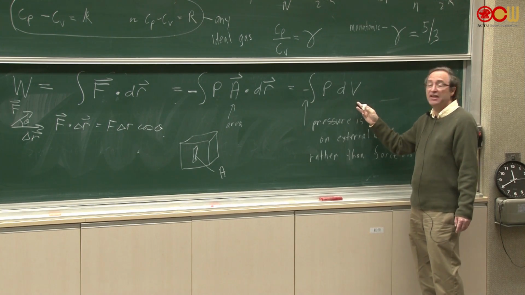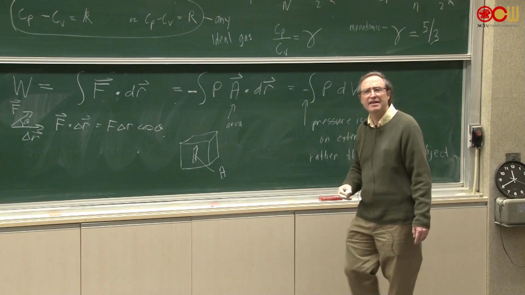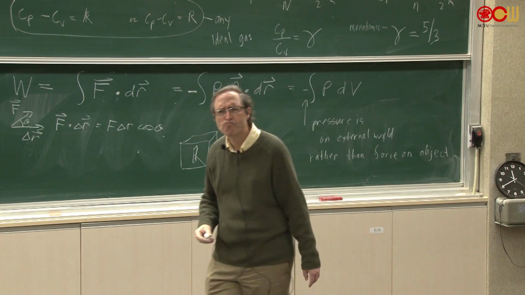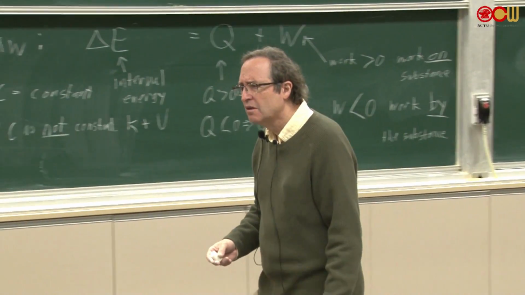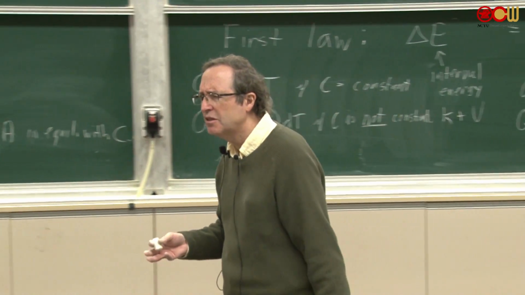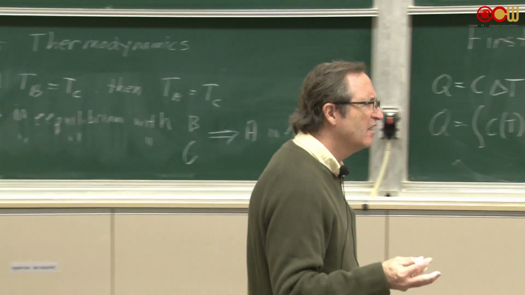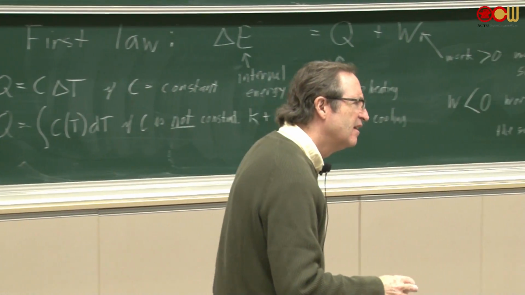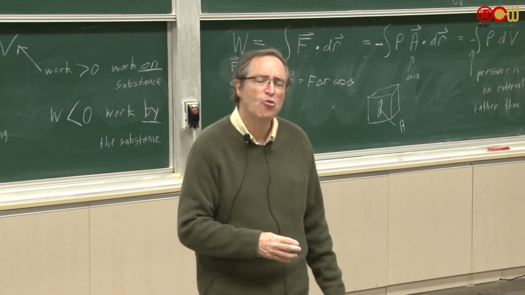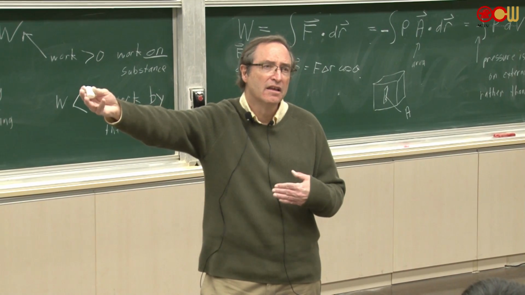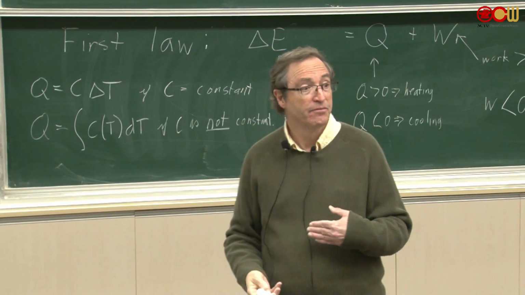So that means this integral is positive and the work done is negative. Does that make sense? So if the volume of a substance increases, the work done on it is negative, which means it is doing work on the environment.